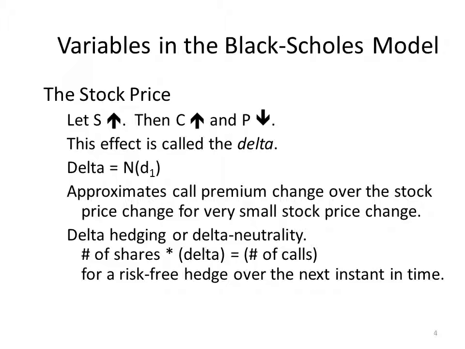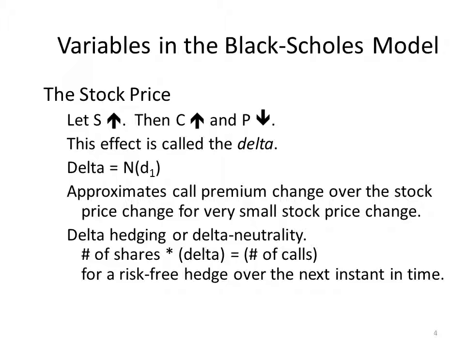If we take the product of delta times the number of calls that we have in a portfolio, the result tells us the number of shares of the underlying security that we need to own in order to reach delta neutrality. That is, as one goes up, the other one goes down by a commensurate amount that offsets this. We achieve effectively a risk-free hedge over the next instant in time with delta hedging.